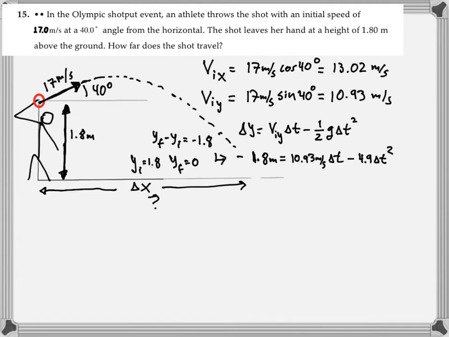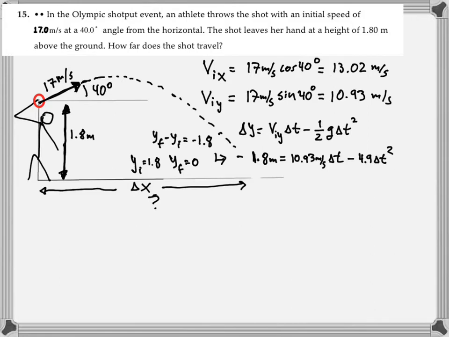Your initial vertical position is 1.8, and your final is 0. That shot is going down to the ground, so your final height is lower than the initial. Therefore, the difference between final and initial is a negative number. This is very important. So delta y is minus 1.8 meters.